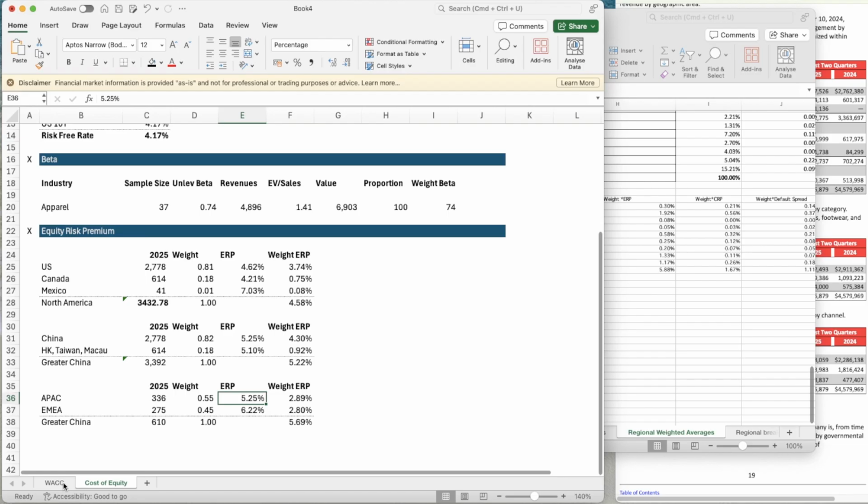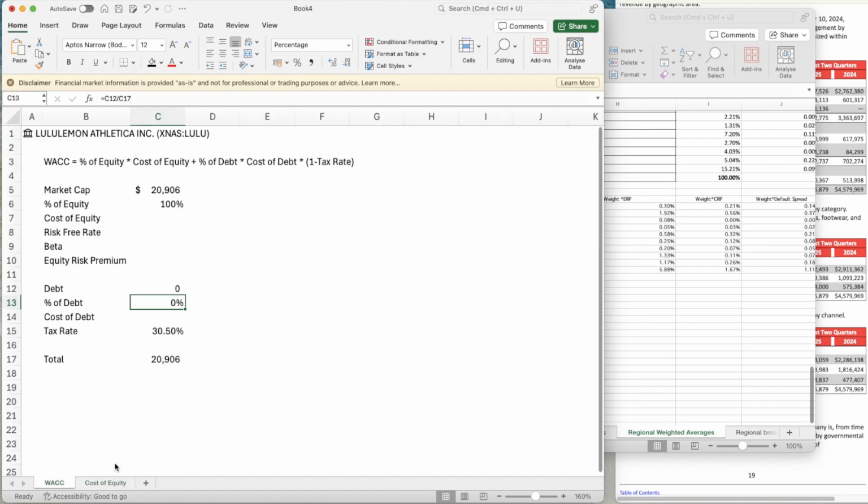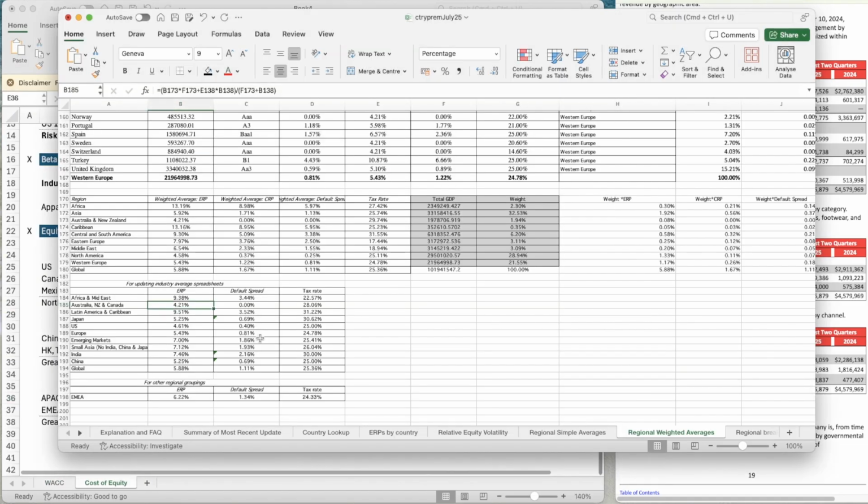Whereas I do think this, because if you look at the countries where they have the stores, the credit ratings are usually quite high. They're usually risk free.